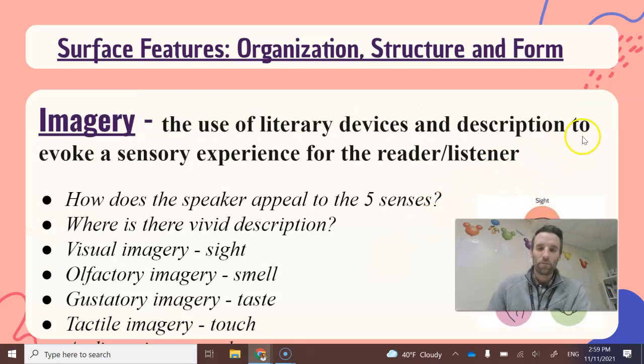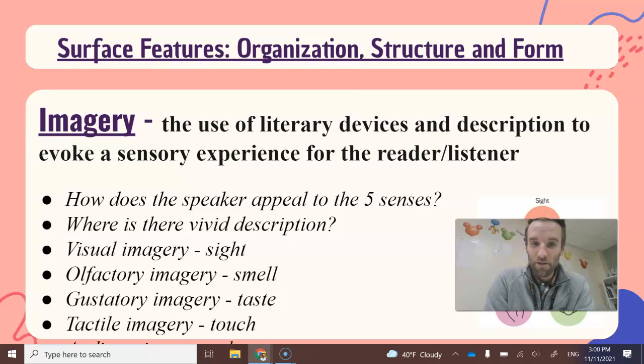Secondly, we have imagery. So imagery is sensory experience, right? So how does a speaker appeal to the five senses? Where is their vivid description? Vivid description means it's a lot of detail. Makes you think or feel a certain way. So we have visual imagery, sight, olfactory, that's a fancy word for smell.